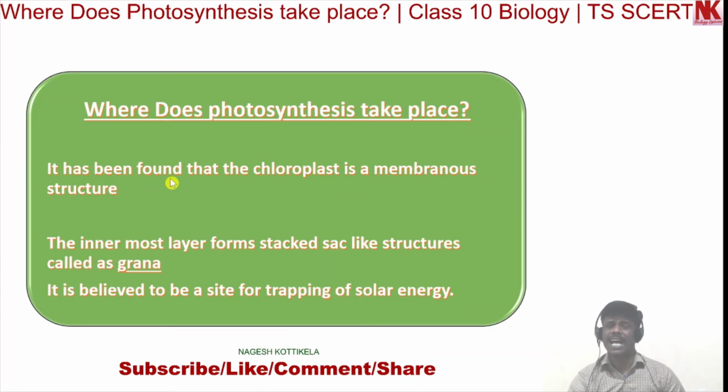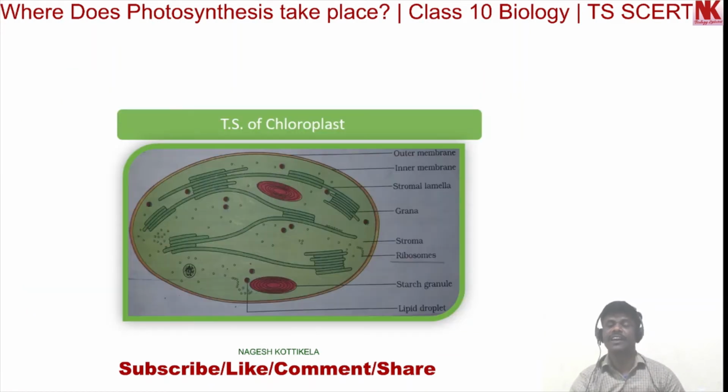It has been found that the chloroplast is a membranous structure, and the innermost layer forms stacked sac-like structures called grana, and it is believed to be the site for trapping of solar energy. You can see here in this diagram, this is a chloroplast transverse section.